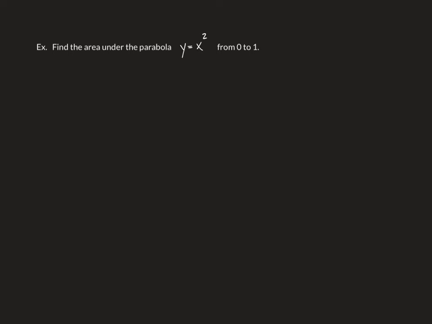Find the area under the parabola y equals x squared from 0 to 1. We did this before, so just to visualize what it is we're doing here, that parabola from 0 to 1 looks like this, right? So we'll say this is 1, and there's 0, and there's our function. All right, so we're trying to find this area. We did this in the past using Riemann sums.